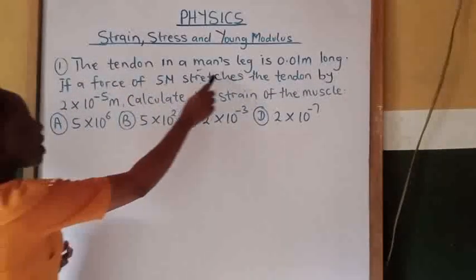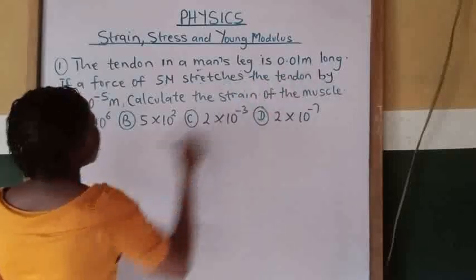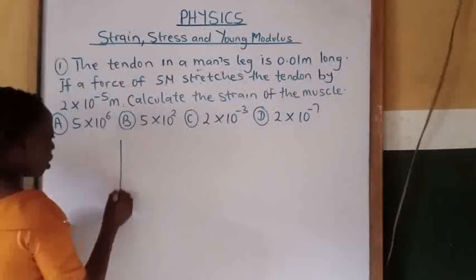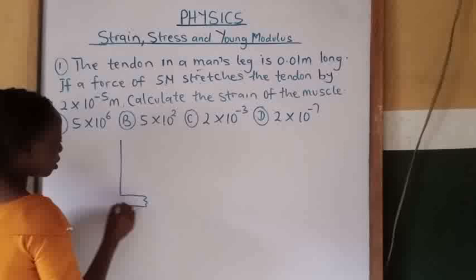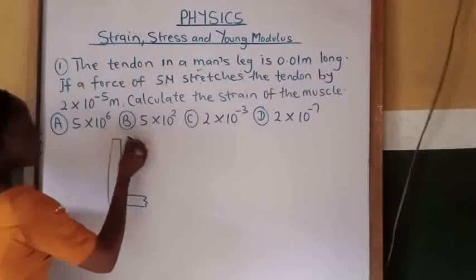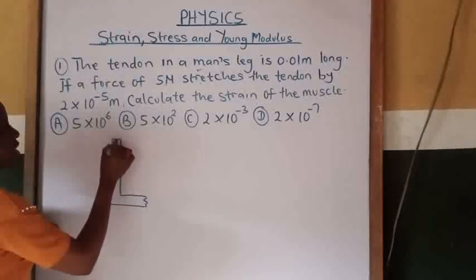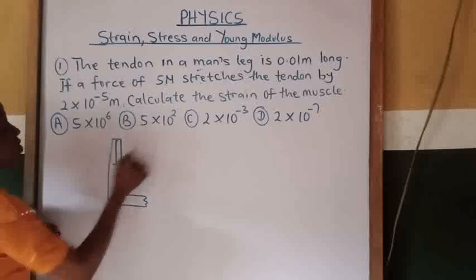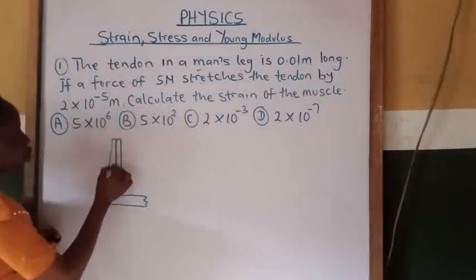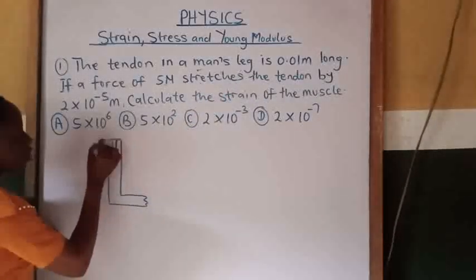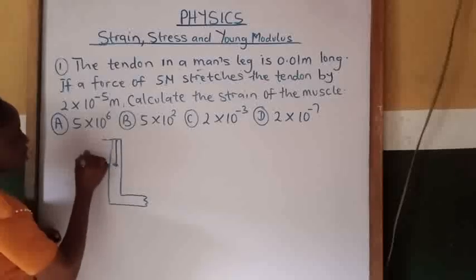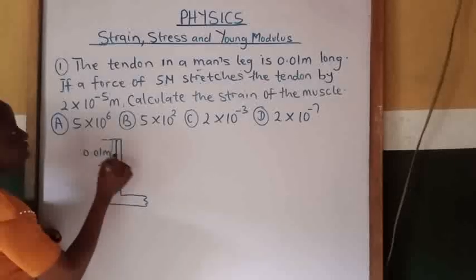The tendon in a man's leg is 0.01 meter. So this is a man's leg, and let's assume that this is the tendon. The length of this tendon is 0.01 meter.